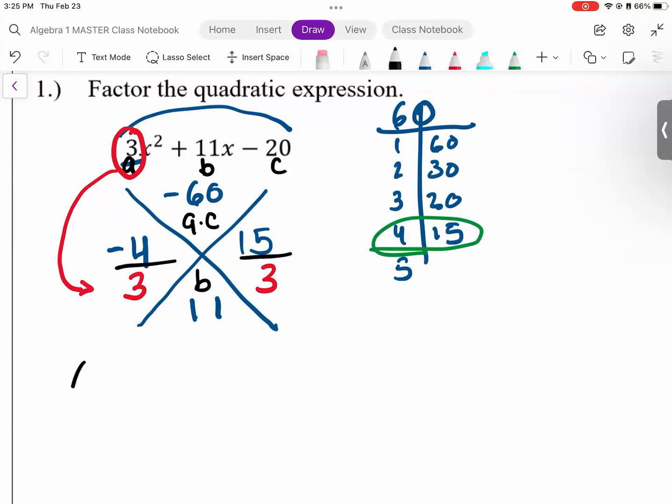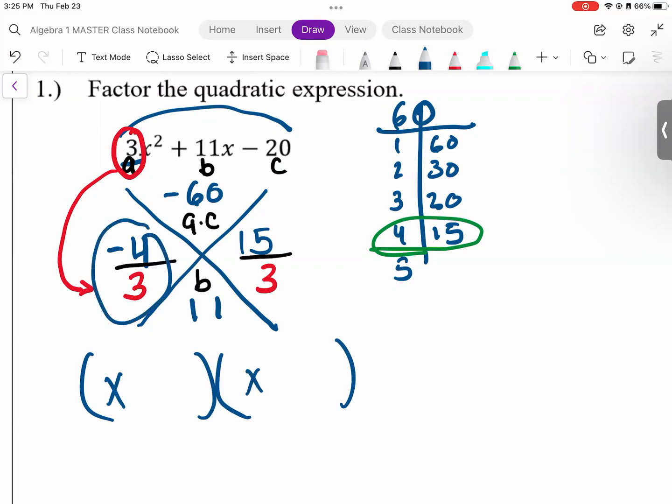All right. So let's go ahead and put them into factors. Okay. Now, negative 4 over 3 is not going to simplify, so we're just going to go ahead and bring down the fraction. 15 divided by 3 does simplify to 5, so we're just going to go ahead and bring down the 5.